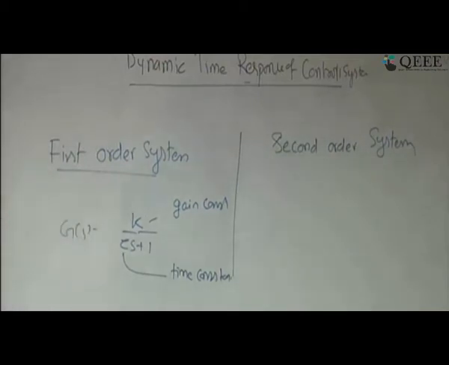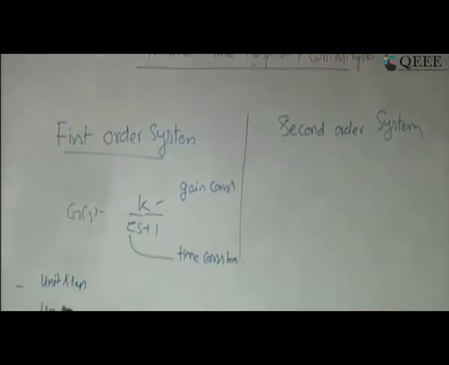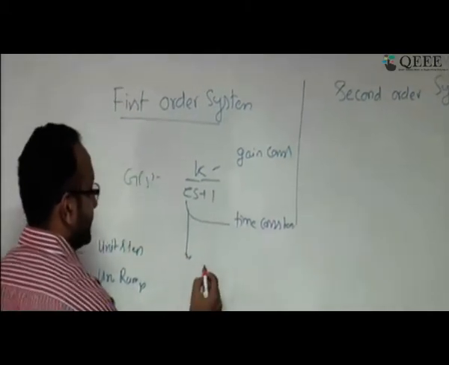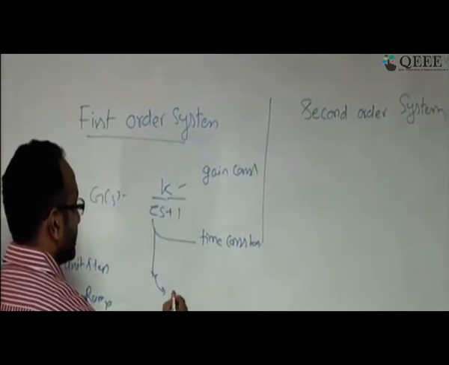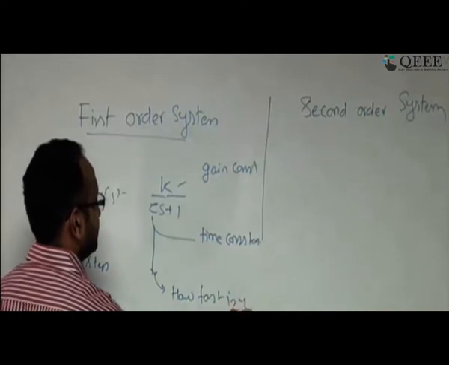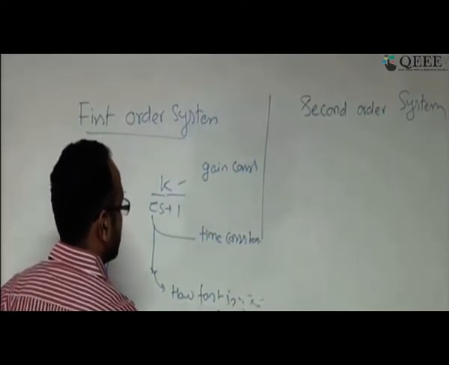When we analyze this first order system with respect to unit step and unit ramp, this tau gives me the measure of how fast your system is.